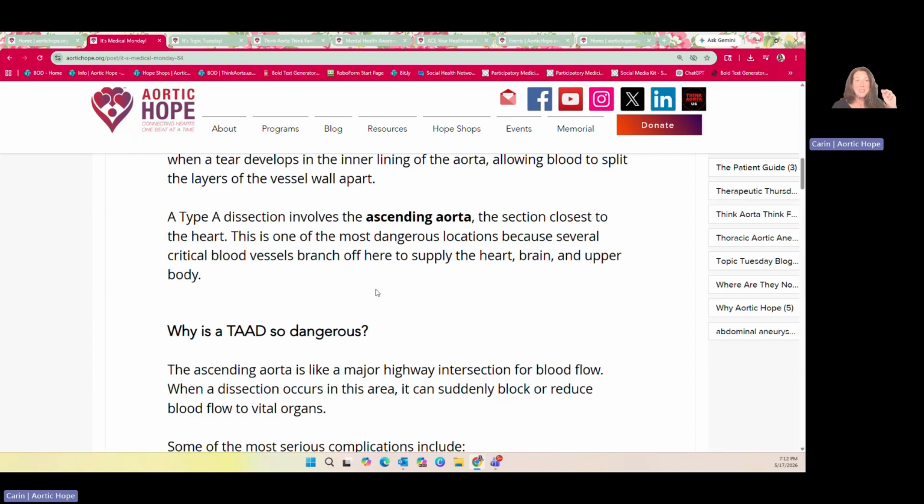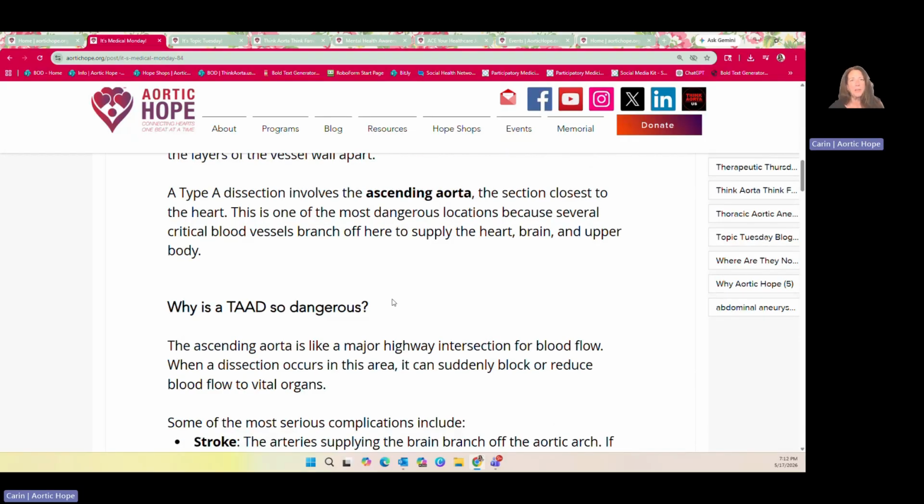So ascending is very dangerous because, like a major highway, there's an intersection for blood flow. So when a dissection occurs in the ascending area, it can suddenly block or reduce the blood flow to vital organs. Picture a highway with one of the busiest exits. If that's where you have an accident, that's going to be very problematic.